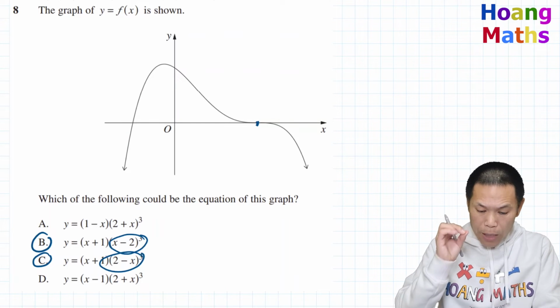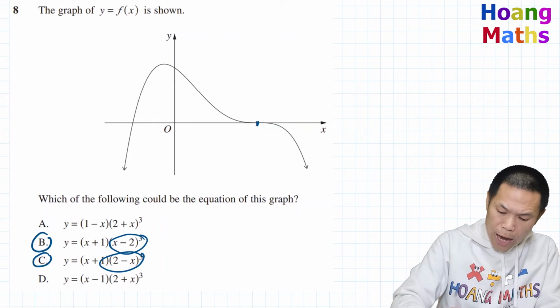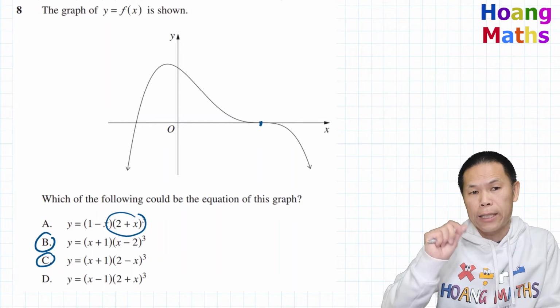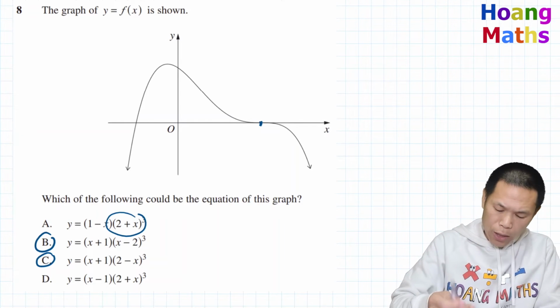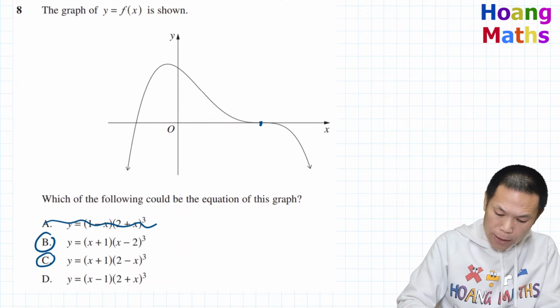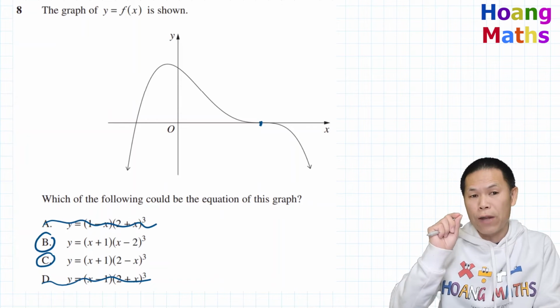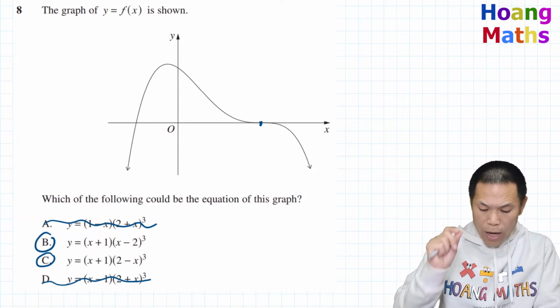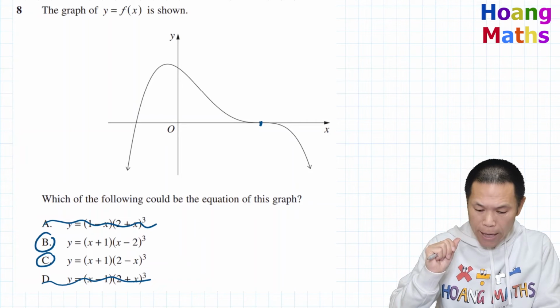So either B or C. It cannot be A because A has the point of inflection at x equal to negative 2, so the answer is wrong. Let me cross this out. And same with D. D has a point of inflection at x equal to negative 2. So both are wrong. So we have either B or C as the answer.